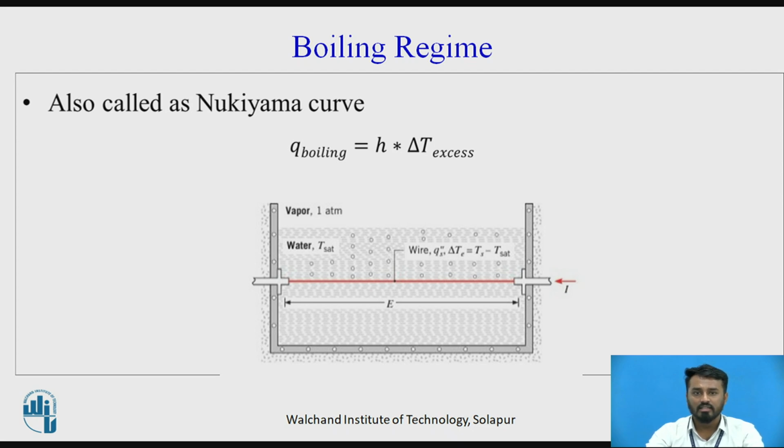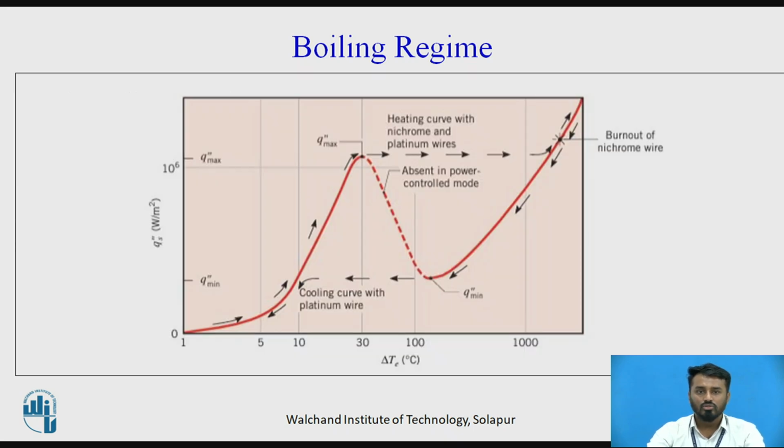Delta T excess is taken on the x-axis of the graph, and Q boiling, which is heat flux, is taken on the y-axis. This represents the boiling regime. On the basis of this, we can determine heat flux at a particular temperature during the boiling process.